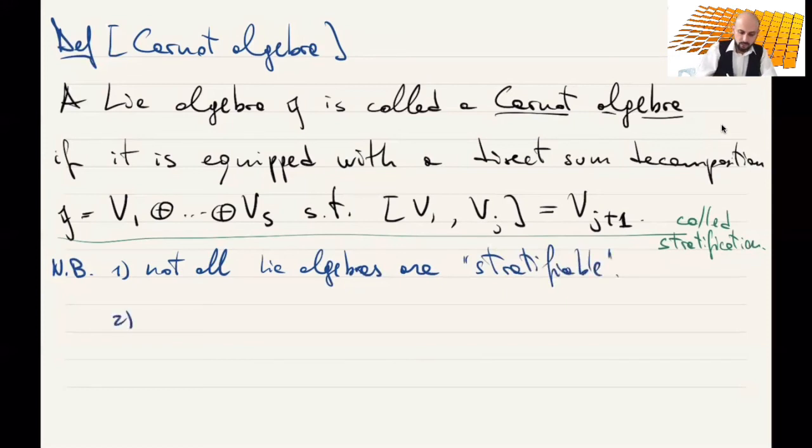Second, we really require equality here, because if you only have containment, then this would just be a weaker requirement than asking positively graded.